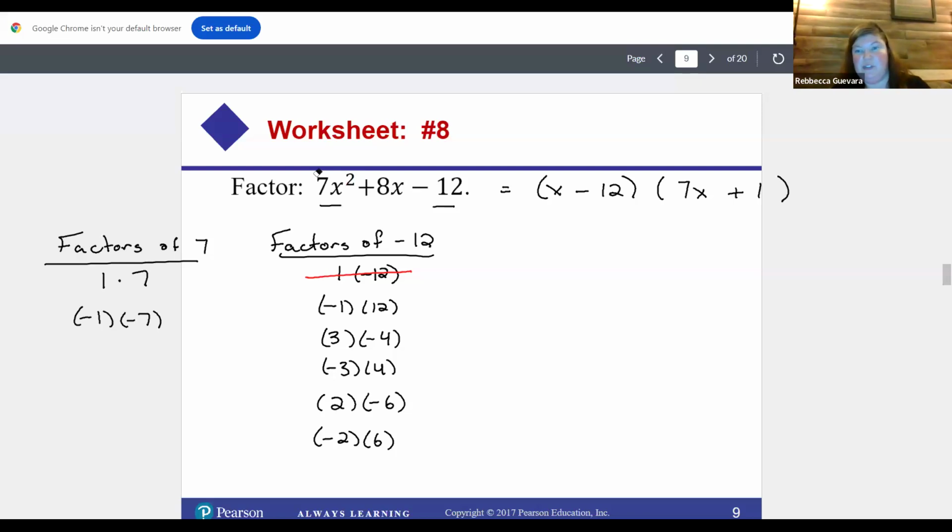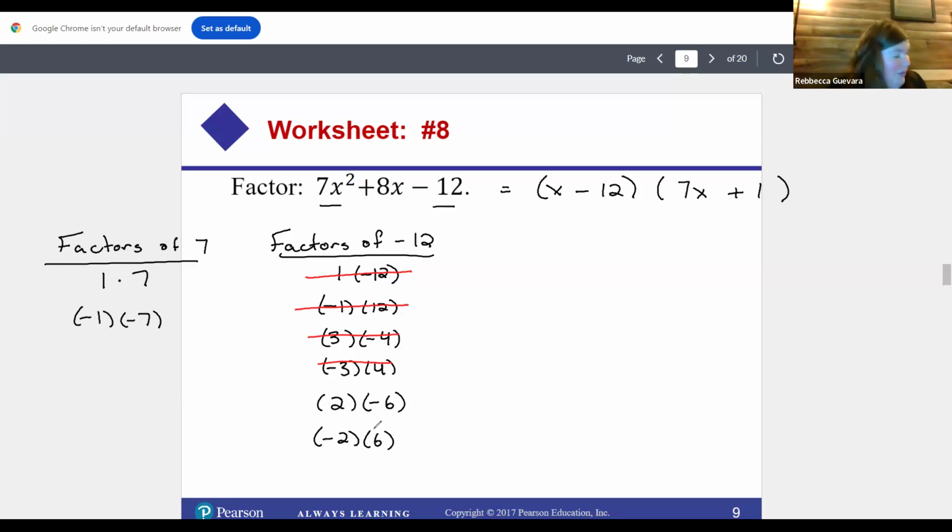So as you can see, this could be very time consuming because then I have to try this pair. These ones don't work either. So it's one of these combinations here that's going to work for us.